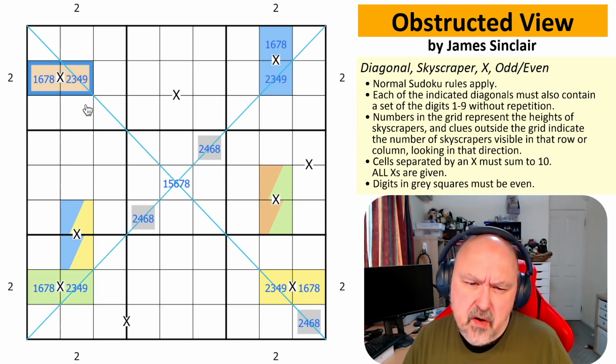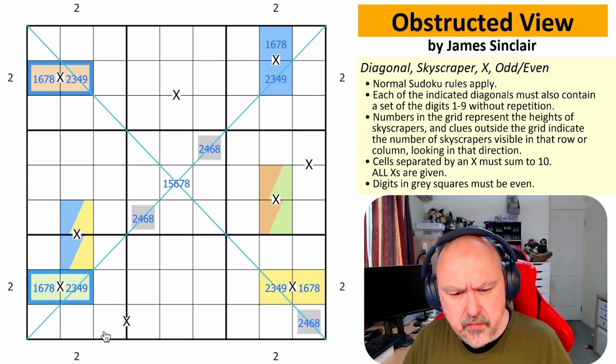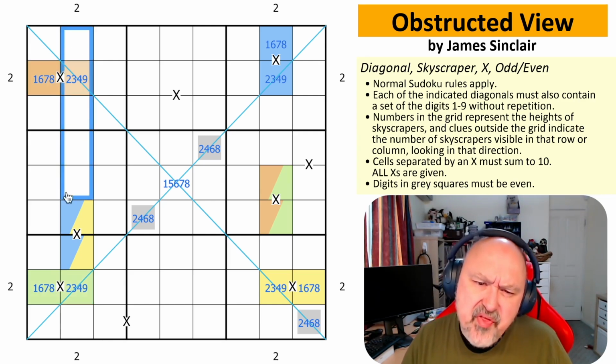But if this is 1, 9, and this is 8, 2, how do I make this work?